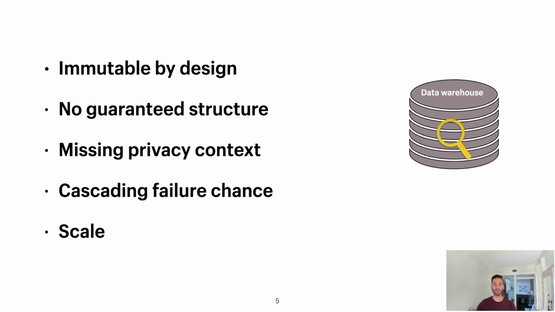And last but not least was volume and scale, both in terms of the volume of data and in terms of the number of people who depended on these data sets. There were hundreds of data scientists who used this data set in their day-to-day job, and anything that we were going to do needed to be very scalable and consider that fact.